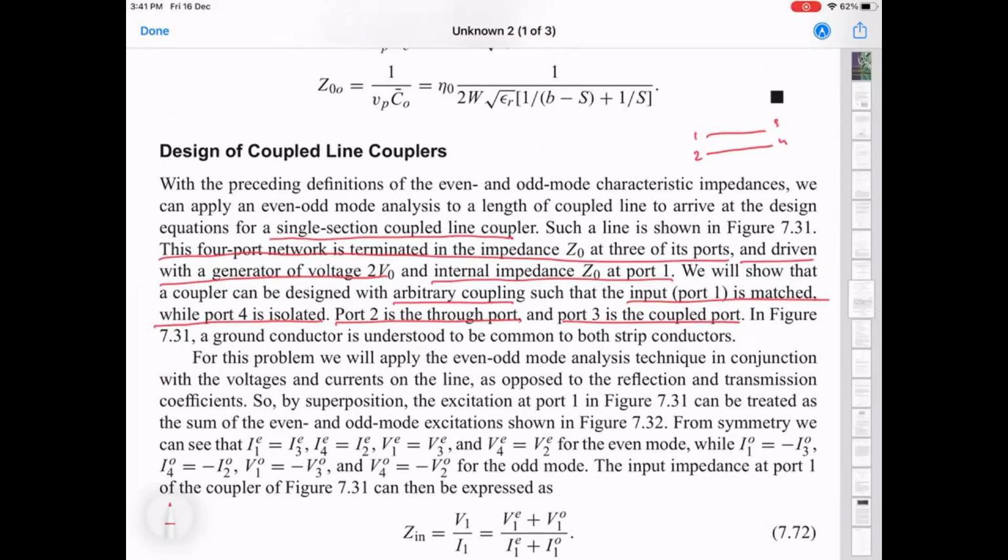And we of course assume that our system is the standard 50 ohm system, so has some characteristic impedance Z naught equal to 50 ohms. And then you just have a section of this coupled transmission line.